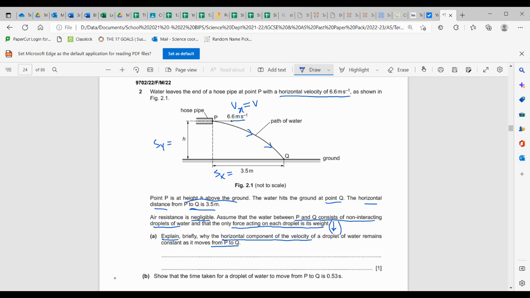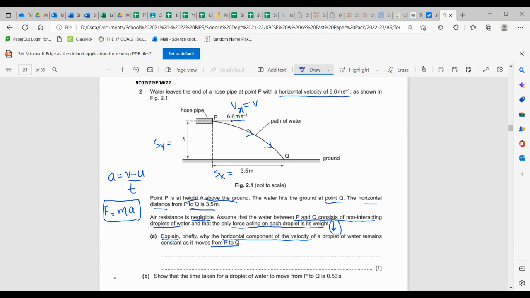We know from the definition of acceleration that a change in velocity per unit time is known as acceleration. So whenever there is a change in velocity, there has to be some acceleration. And acceleration only occurs whenever there is an unbalanced force acting on a mass. So if there is an unbalanced force, that would produce an acceleration, and when there is an acceleration, there would be a change in velocity.